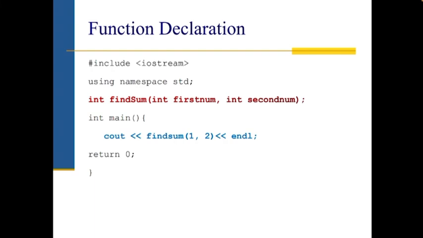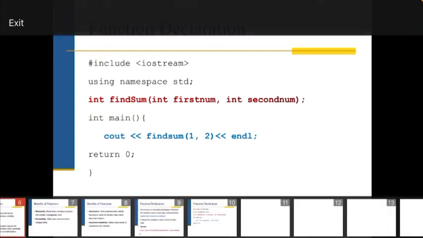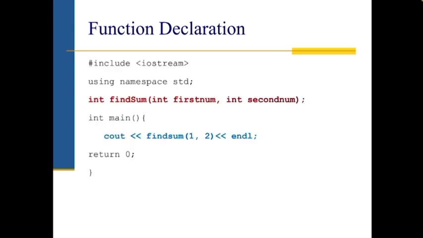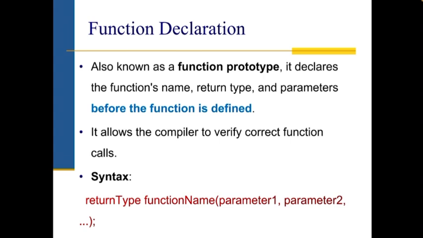So this is a practical example for the function declaration, whereby you write #include <iostream>, using namespace std; int findSum. The int is the return type, and findSum is the function name.